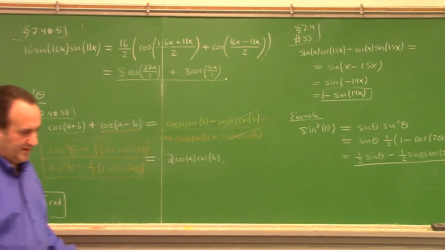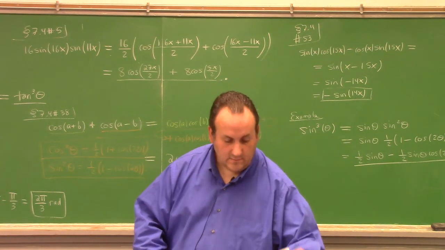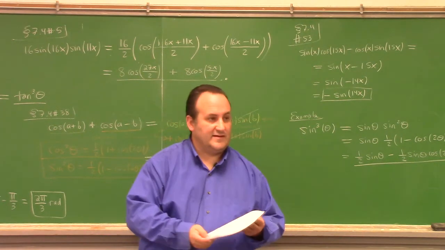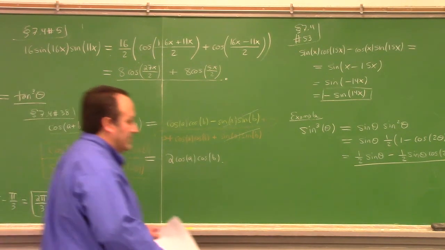All right, so I'm going to give you your quiz. I want to make sure you have time. I've got sine to the fourth on the quiz. Sine to the fourth is sine squared times sine squared.